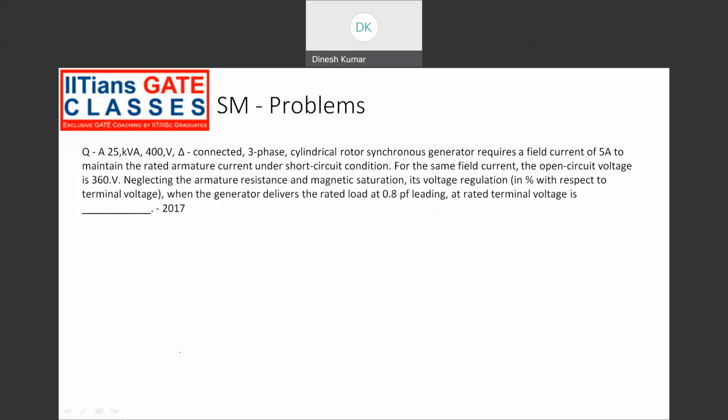For the same field current, the open circuit voltage is 360 volts. Neglect the armature resistance and magnetic saturation.